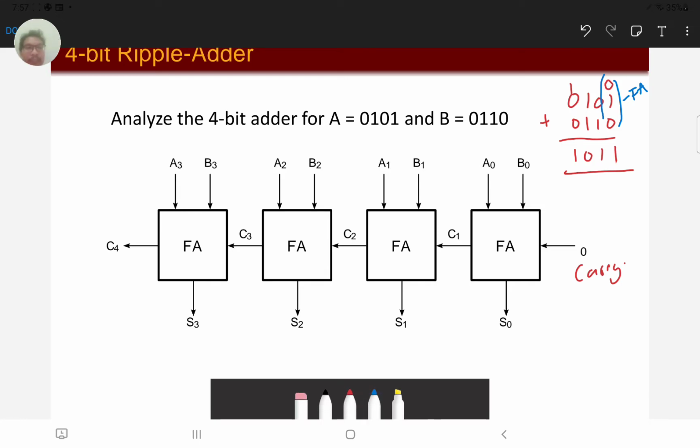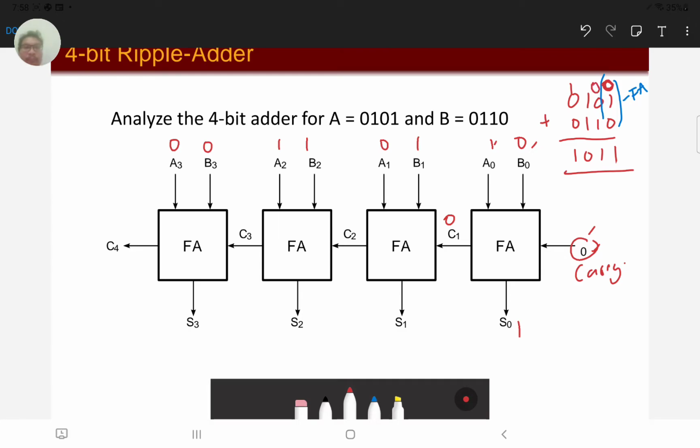So the first column of the sum is going to go 0, which is this one, and our A is 0101, and our B is 0110, and our carry is 0 based on this value. So 1 plus 0 plus 0 is 1. So we can put 1 there.